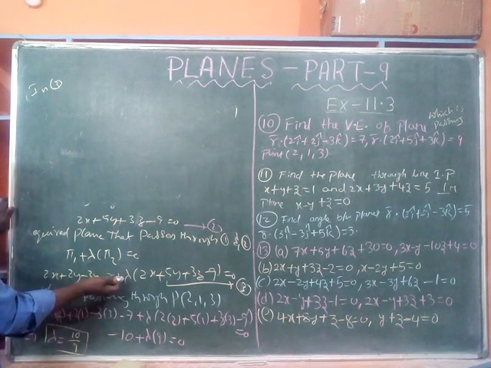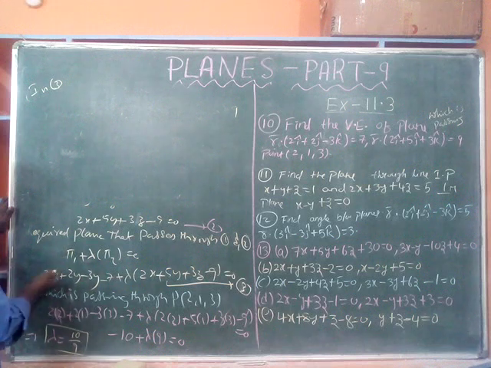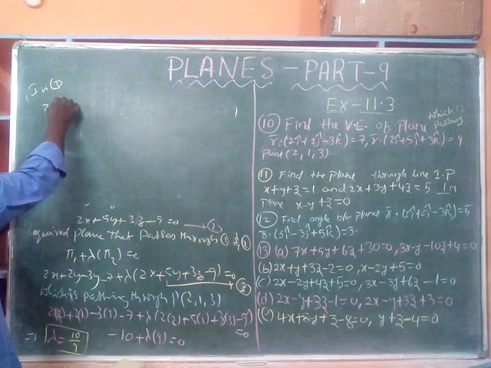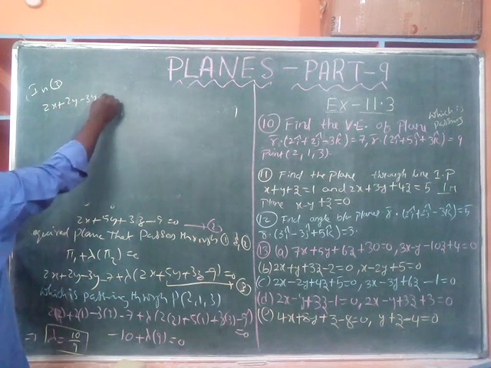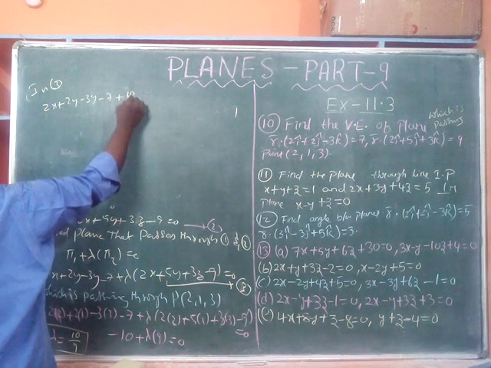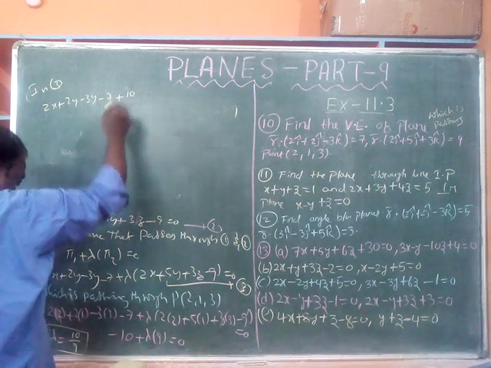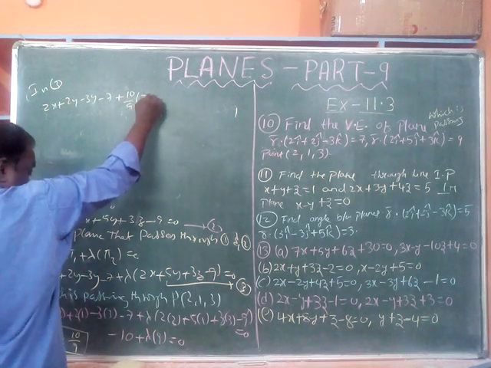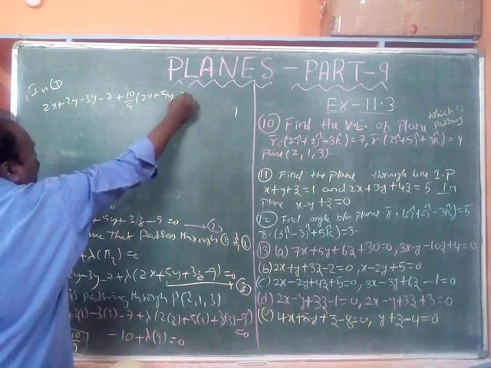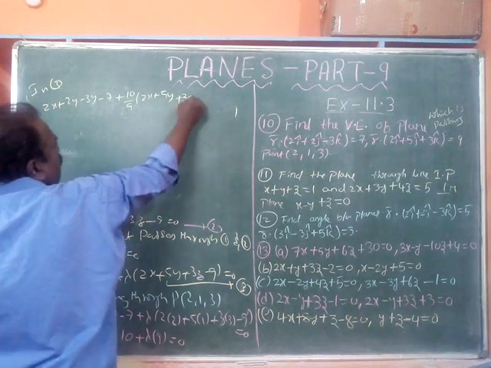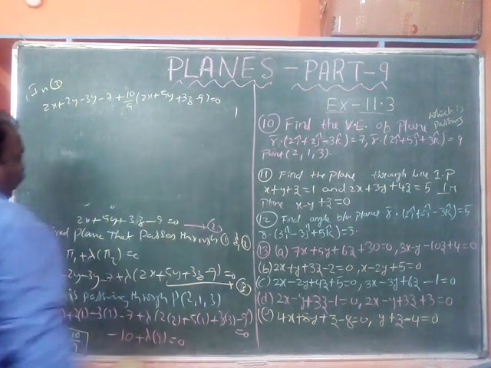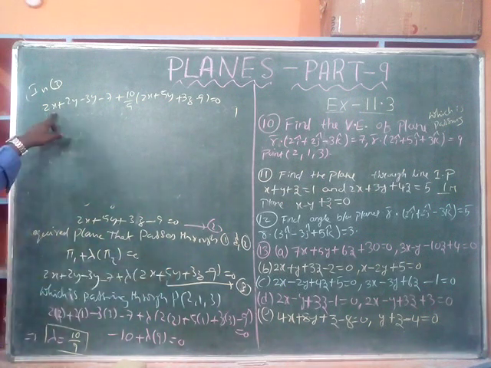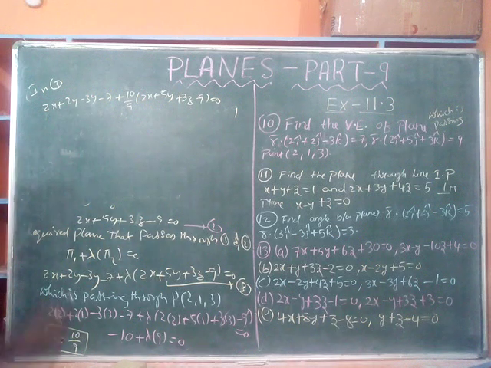So this is 2x plus 2y minus 3z minus 7 plus 10 by 9 of 2x plus 5y plus 3z minus 9 is equal to 0.